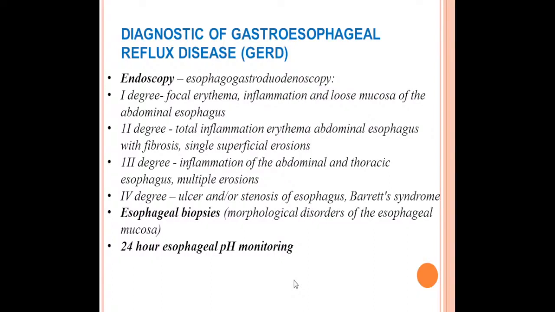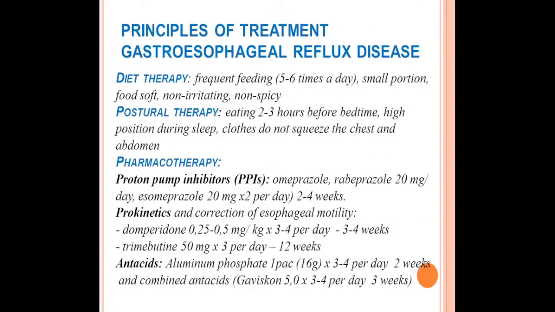And 24-hour esophageal pH monitoring is the gold standard of diagnostics of gastroesophageal reflux disease, because it is important not only to diagnose esophageal reflux during endoscopy, but to monitor during 24 hours how many times gastroesophageal reflux occurs per day and what level of acid stomach juice regurgitation there is.